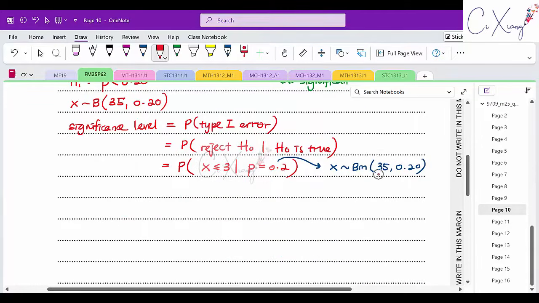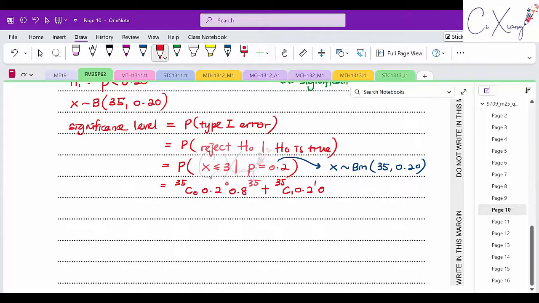By using the binomial distribution, for x smaller than or equal to 3, what is the correct formula that we should include? You should start from x equals 0, which is 35C0, 0.2 power 0, 0.8 power 35. Then x equals 1: 35C1, 0.2 power 1, and 0.8 power 34.